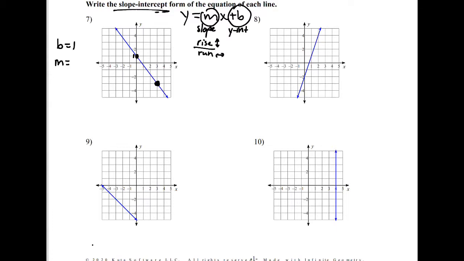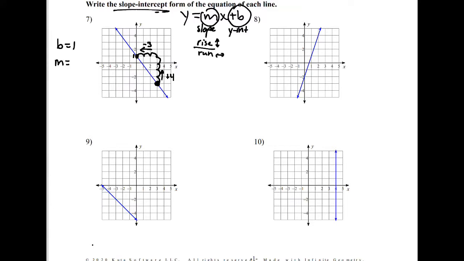Starting at that bottom point, to get to that second point, we would rise 1, 2, 3, 4. Notice we're going up, so that's a positive 4. And then we would have to go over 1, 2, 3. Notice we went to the left 3, so that's a negative 3.